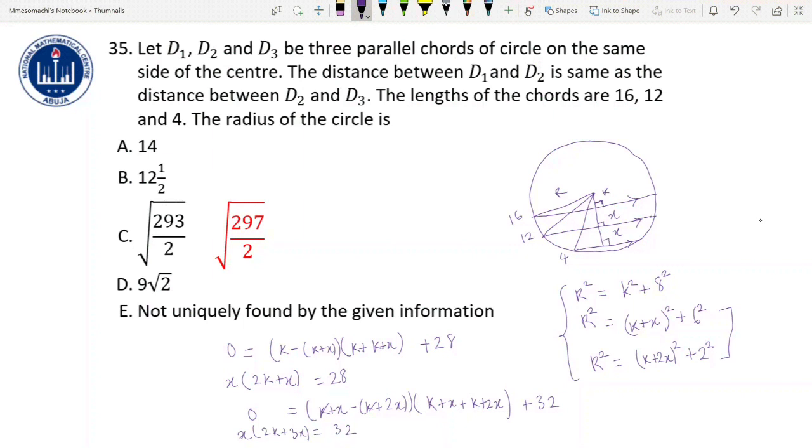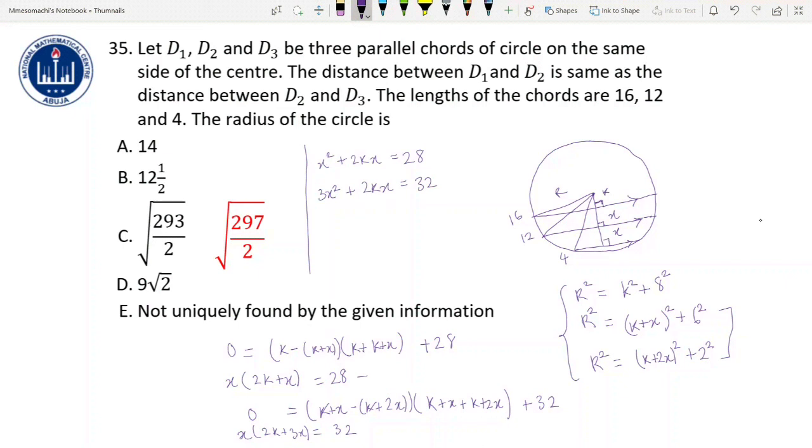Okay, so I'll come up here and continue. From the first equation, we have X squared plus 2KX equals 28, and from the other one, we have 3X squared plus 2KX equals 32. At this point, we can see that we can eliminate K, so we take the difference of the equations again.